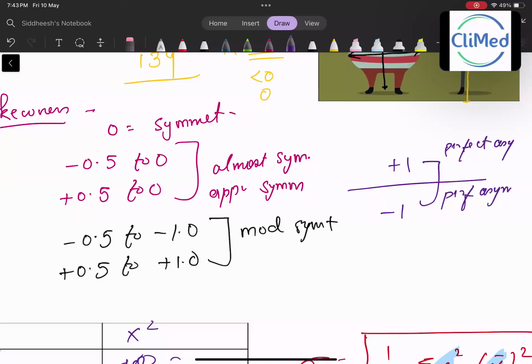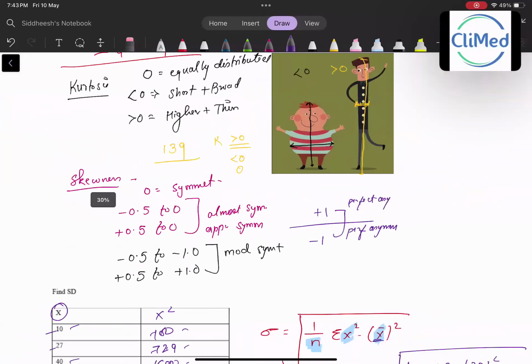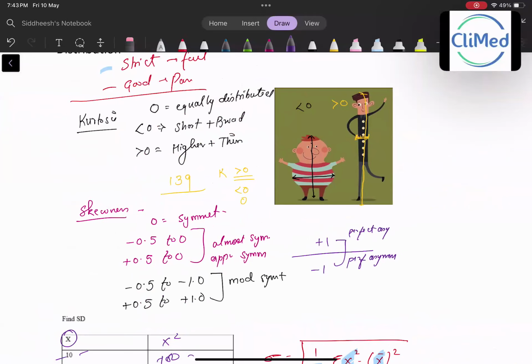Perfect asymmetry. Correct? Done? So nothing can be done, but you have to remember these values. Kurtosis, 0, very strict teacher. Skewness, a lenient teacher with multiple ranges. You have to remember that anyhow.